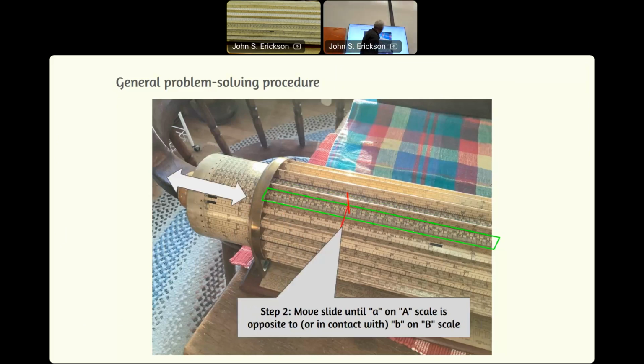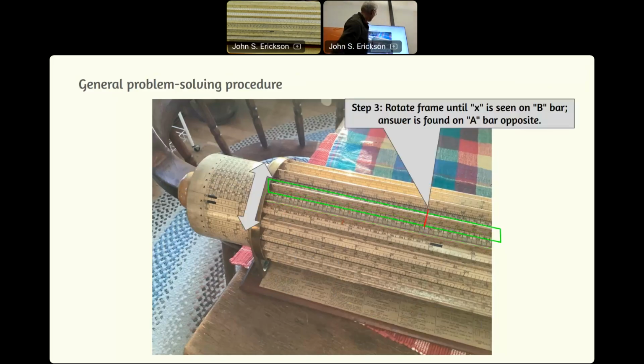Then we slide it so that our A value and our B value line up. And then we spin it around until we find the B that we're multiplying it by.